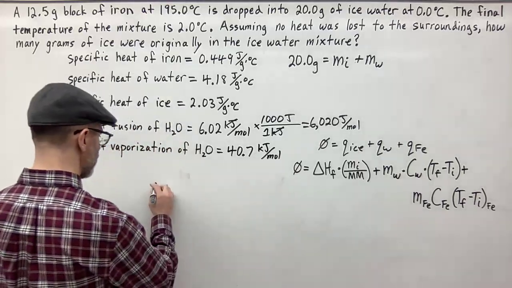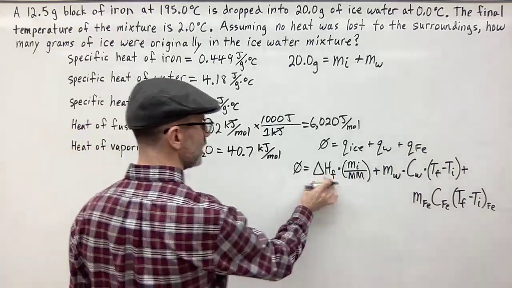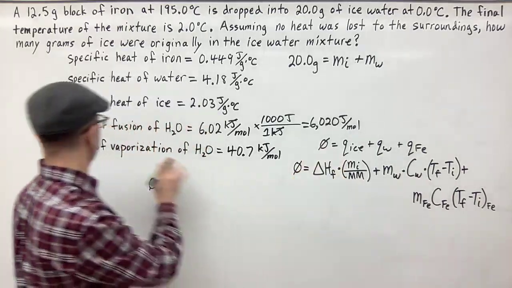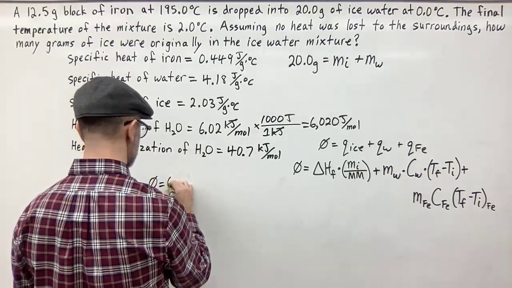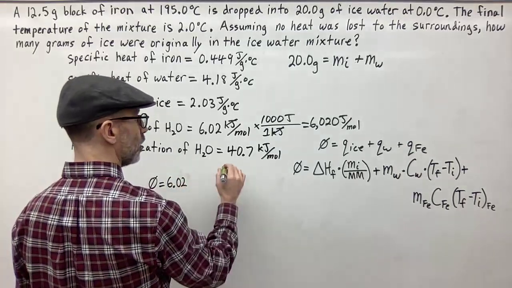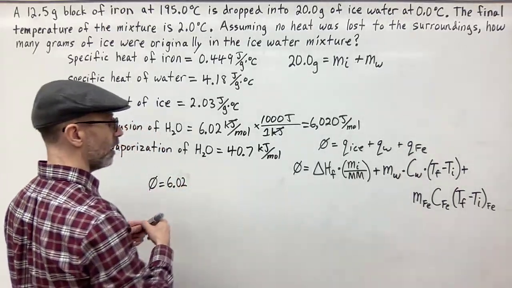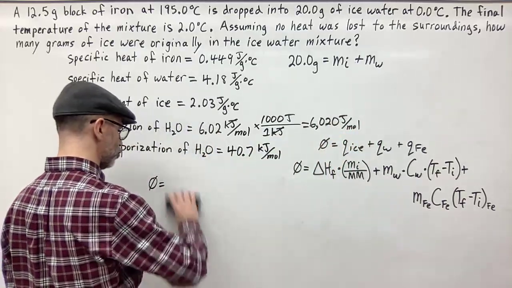Okay, so 0 is going to be equal to this. What's the heat of fusion? That's given right here. The heat of fusion, 6.02, sorry, 6,020 because I changed it to joules.